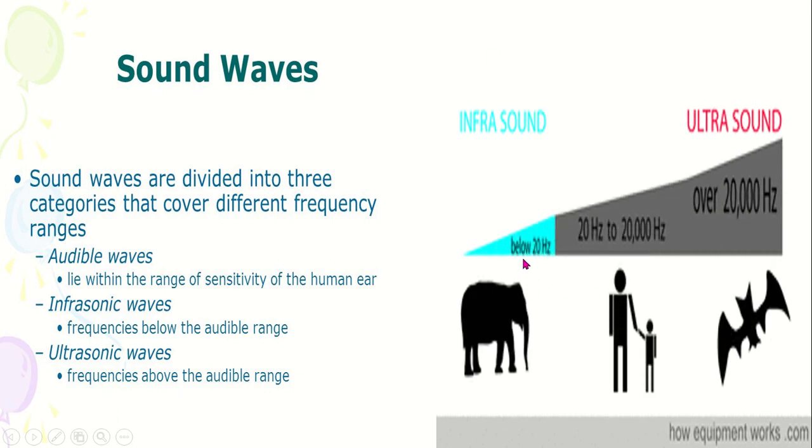Look, infrasonic sound can be heard by some animals like the elephant; that is below 20 hertz. Then 20 hertz to 20,000 hertz is known as audible sound that human beings can hear, and over 20,000 hertz is known as ultrasonic sound that can be heard by bats or some other animals like dogs and cats.